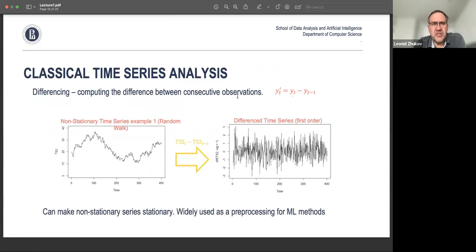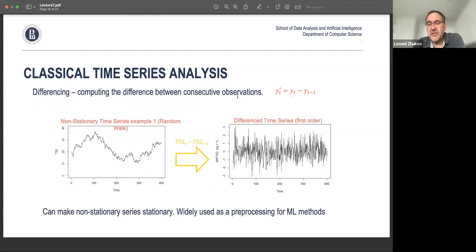That's what's typically done. One other very simple and extremely widely used way of doing this is called differencing, where you literally compute the difference between consecutive observations, and then you model not the original signal but this delta.